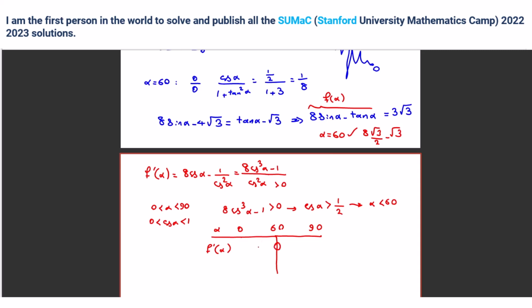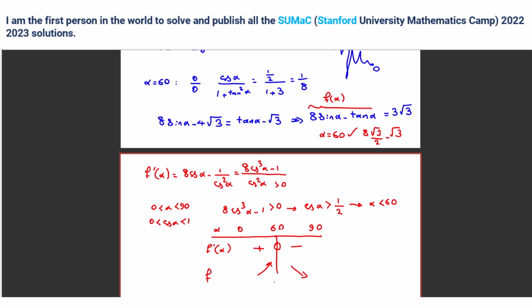Before 60, it's positive or negative? Greater than 1/2, so it'll be positive. Positive here, negative after. So f is increasing and then decreasing, right? So from 0 to 90, do you agree that in only one position can f of alpha be equal to 3 root 3?